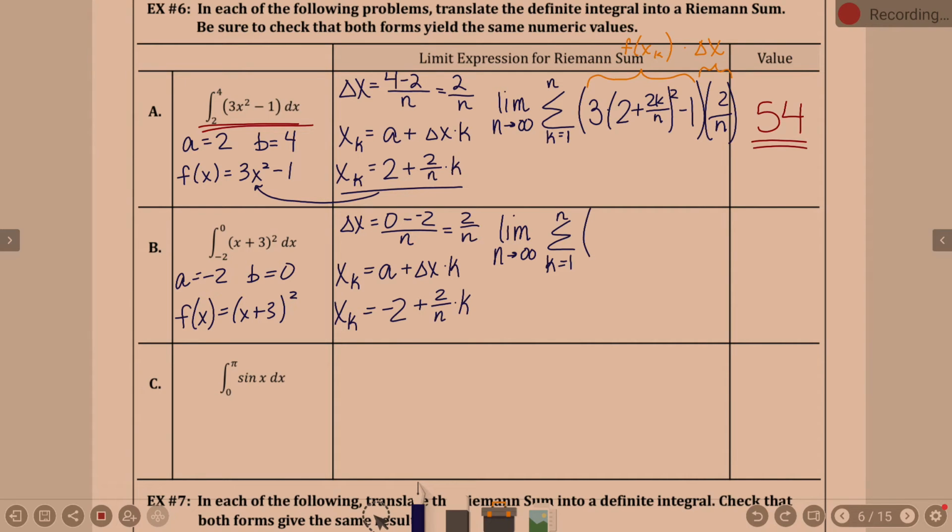Okay, f of x sub k. X plus 3 quantity squared. So I'm going to do negative 2 plus 2k over n plus 3 quantity squared. I think I got an extra parenthesis in there, didn't I?